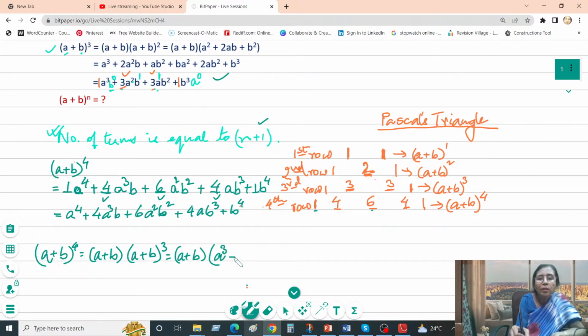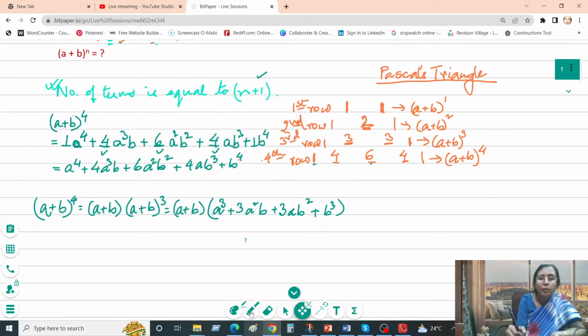A cube plus 3a square b plus 3ab square plus b cube. Okay. So, now we multiply.